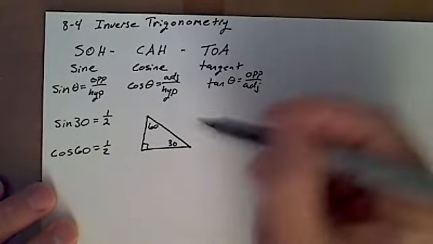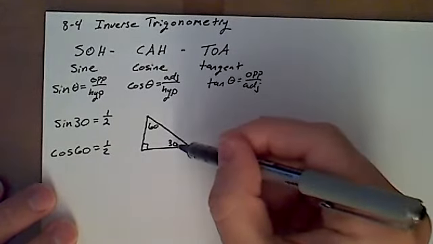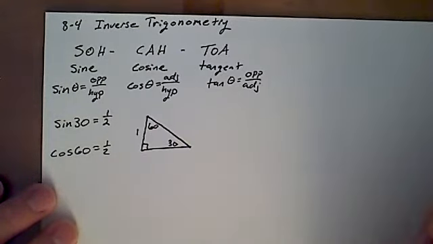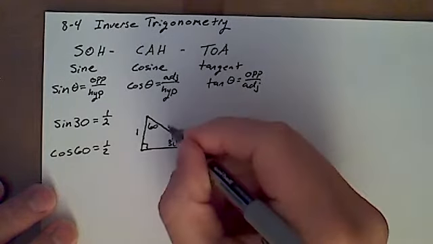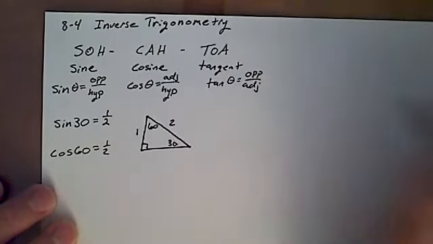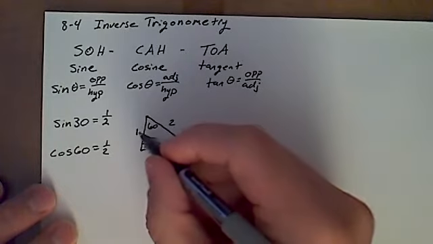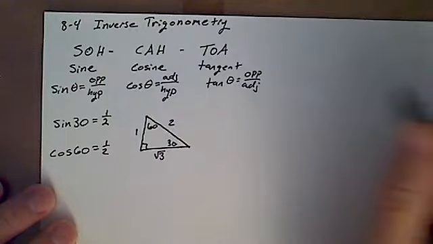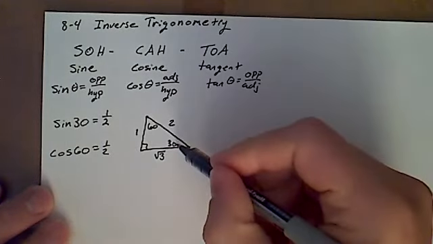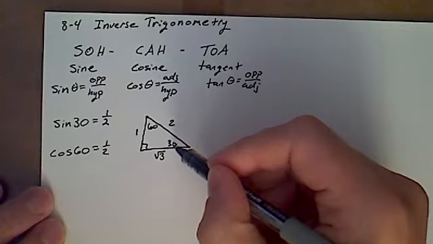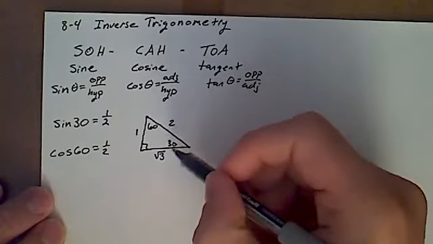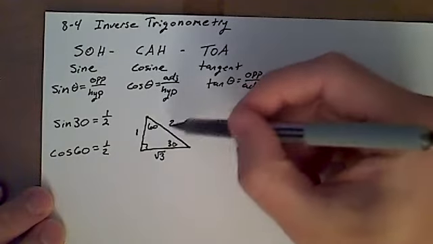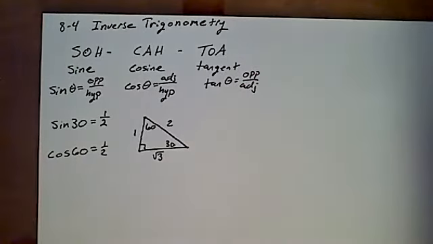The simplest way we can write this, the side opposite the 30-degree angle over here is our smallest side. We'll call it 1. The hypotenuse across from the 90-degree angle is twice as big. And to go from the short side to the long leg, you multiply by √3, so we get √3. So the sine of 30, sine is the opposite over the hypotenuse, that's 1/2, or the cosine of 60 is the adjacent over the hypotenuse, which is 1/2, right?